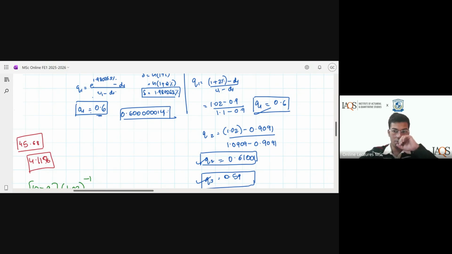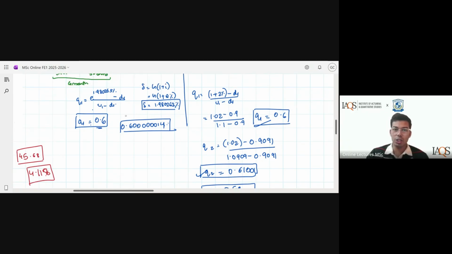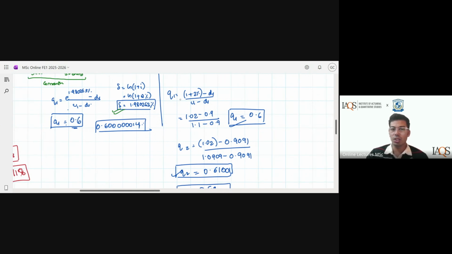Anyone got any answers? What will you be taking R as? R, which is your rate. If you're using e raised to R, then this. The same way you calculated your Q, that is how you consider. If you want to do 1 plus R, you consider it as 1.02. Understood? Perfect.